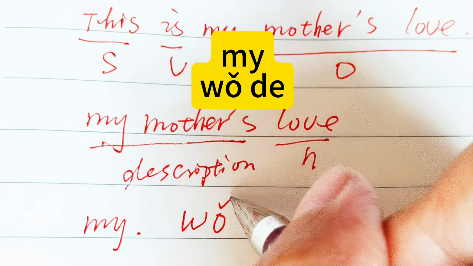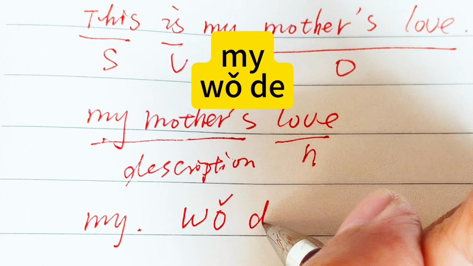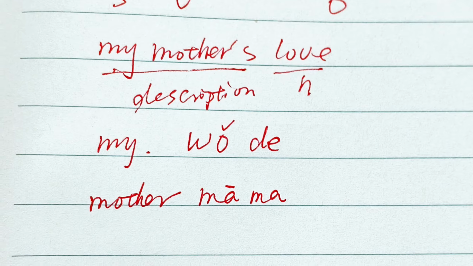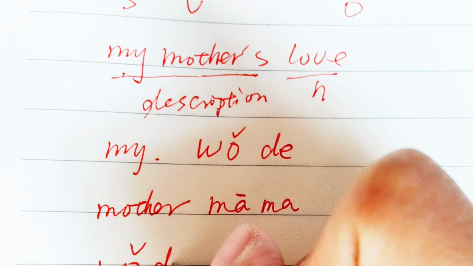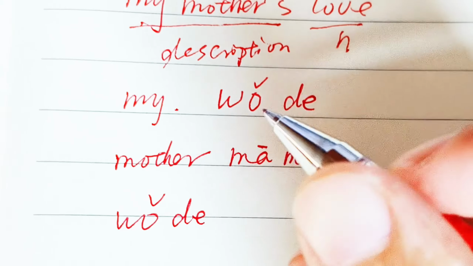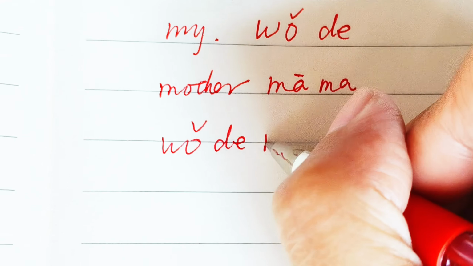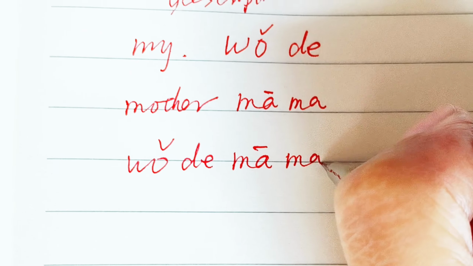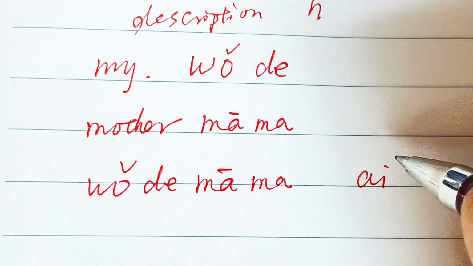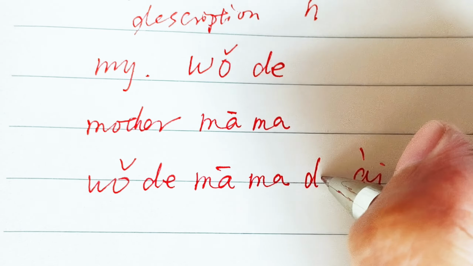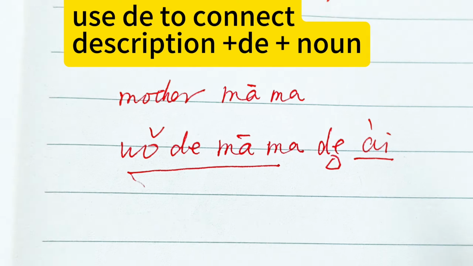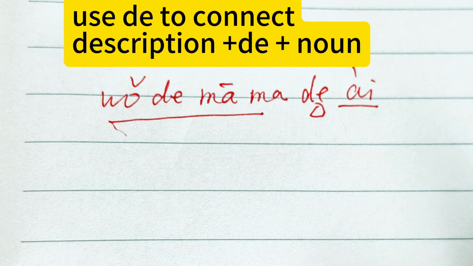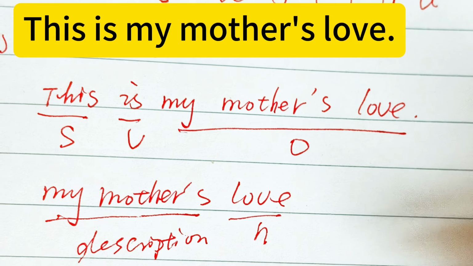This is the possessive form of 我. 我的 mother, mama. So my mother, 我的妈妈, right? Then I use 的 to connect. So 我的妈妈的爱, right?